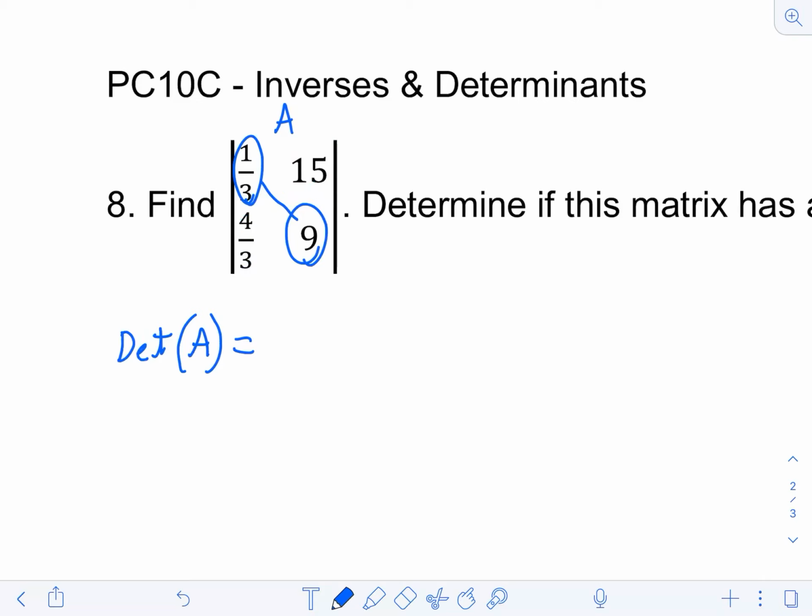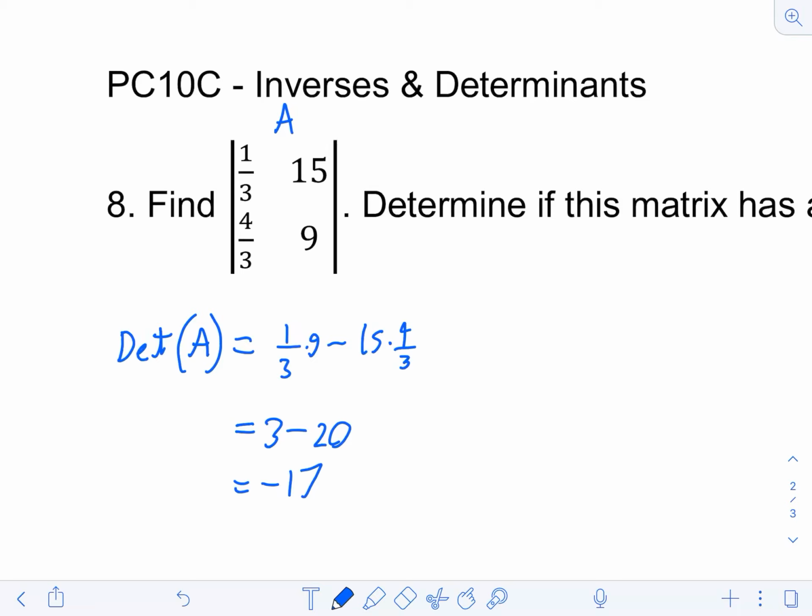To get the determinant, that's how we do it. So it's 1/3 times 9 minus 15 times 4/3. Now, going through that, 1/3 of 9 is 3, minus 15 times 4/3. The 15 and the 3 can cancel, and we end up with 5 times 4, which is 20. 3 minus 20 is negative 17.